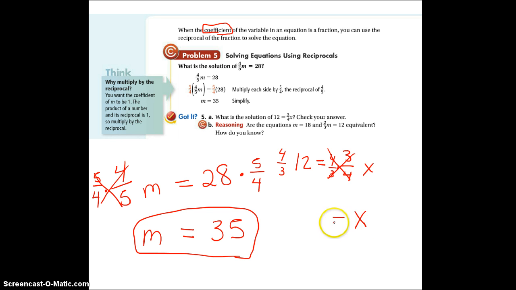So I have 1x is equal to 4/3 times 12. 4/3 times 12 gives me 48. 4 times 12 is 48. 48/3, when I simplify that, gives me 16. So x is equal to 16.